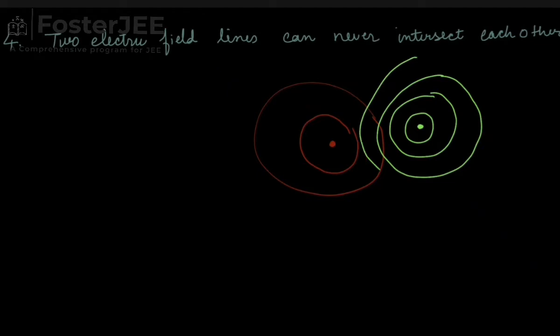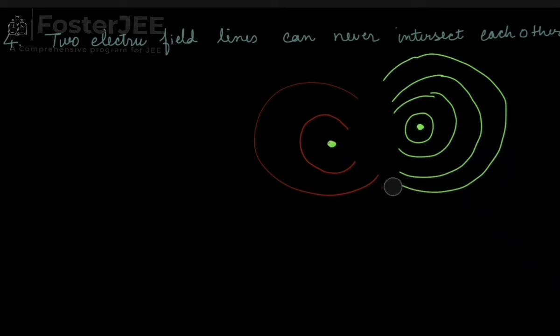Now, the point says it can never intersect each other. In previous lecture also, we have discussed that when two charges come closer, their electric fields interact with each other. Now, this is different from the fact that in that case we have just discussed the interaction. The truth is these will never be like this. So in this way they arrange themselves so that they never intersect each other.